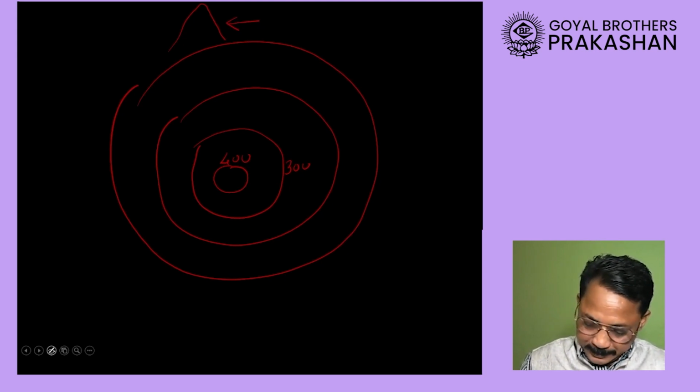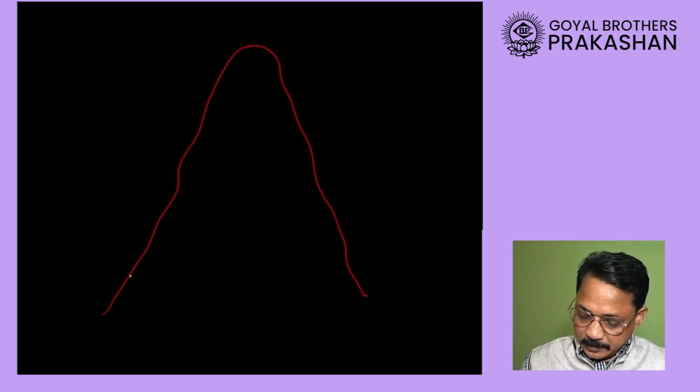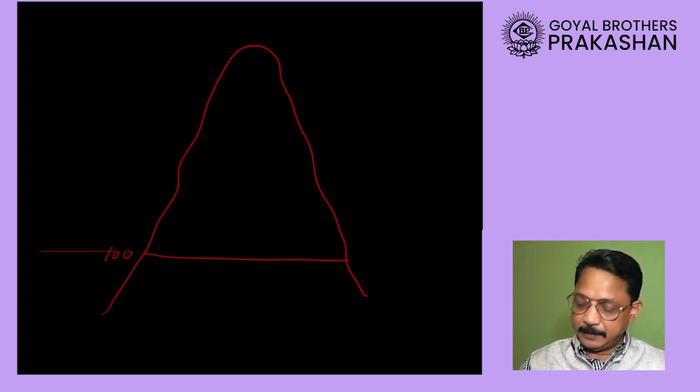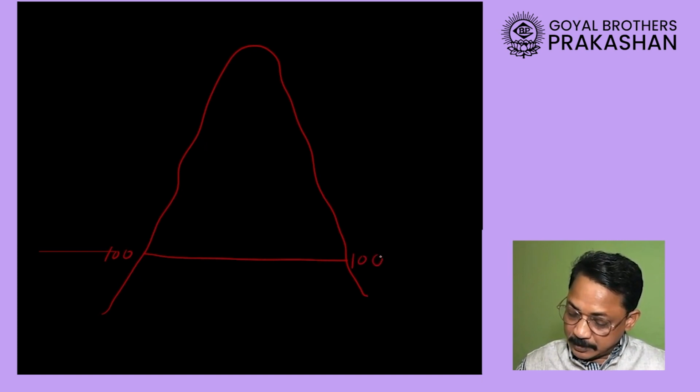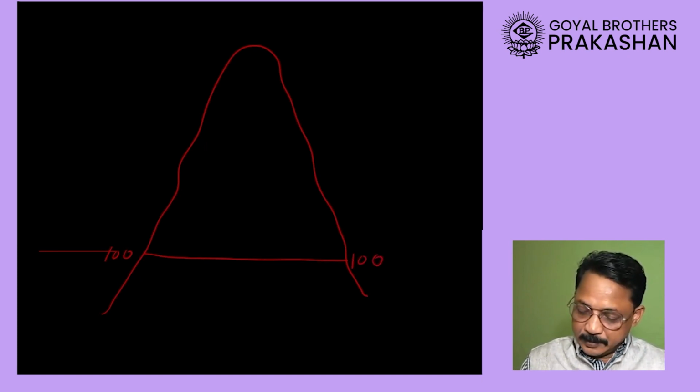Now students, please understand that suppose this is a hill. If this side is 100 meter above sea level, this side is also 100 meter above sea level. Suppose this is 200 meter, this is also 200 meter.